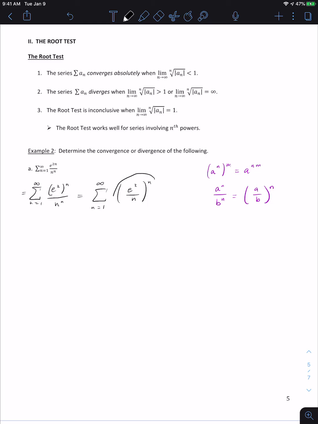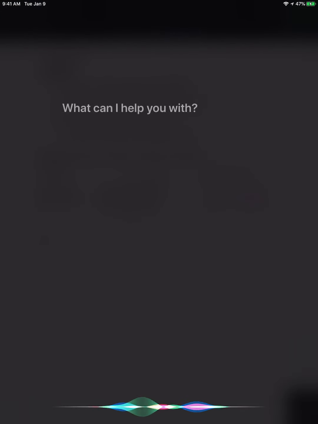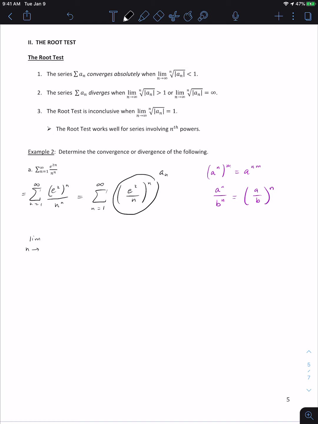Here I know that this is my nth power and this is my a sub n. So remember, for the root test, we look at the limit as n goes to infinity of the nth root of the absolute value of a sub n. Just like in the ratio test, a lot of times that absolute value is redundant, but we do need it in case we have negative 1 to the n or something like that.